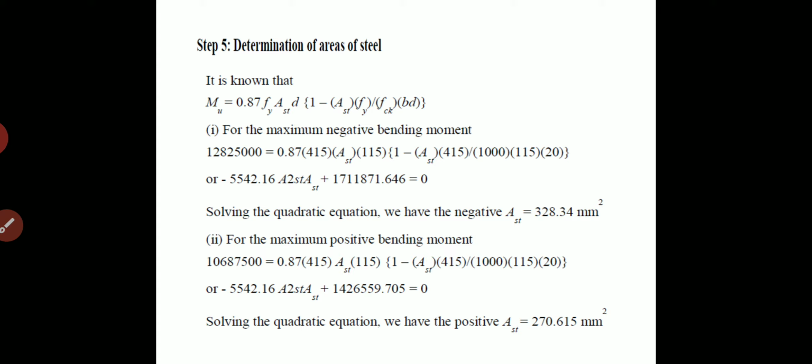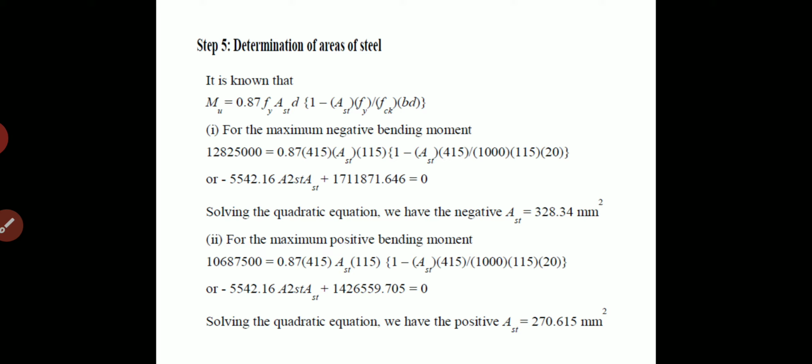Now discuss the maximum positive bending moment. For maximum positive bending moment, we provide all the values like maximum negative bending moment, and the final equation is minus 5542.16 AST plus 1426559.705 equal to 0.